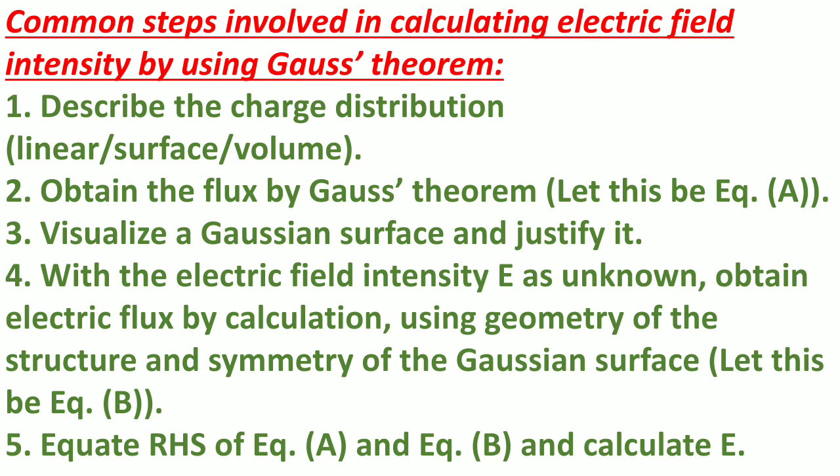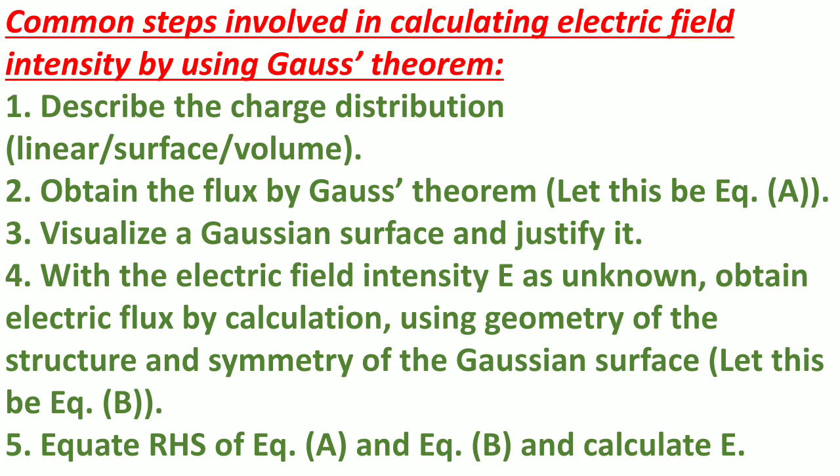Then third, we have to visualize a Gaussian surface and justify it. And the fourth step, with the help of the electric field intensity capital E as unknown, we will obtain electric flux by calculation using geometry of the structure and symmetry of the Gaussian surface, and we will label that equation as equation B or equation number 2.